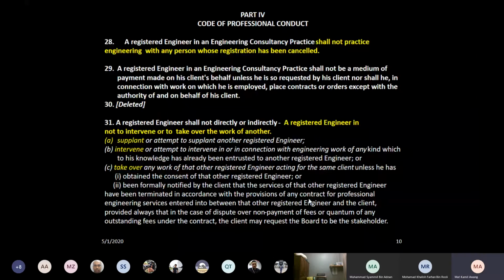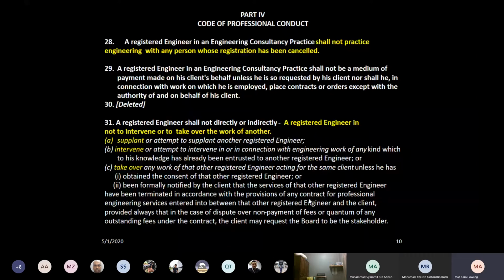Section 29. A registered engineer in an engineering consultancy practice shall not be a medium of payment made on his client's behalf.